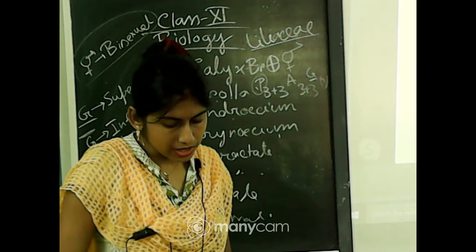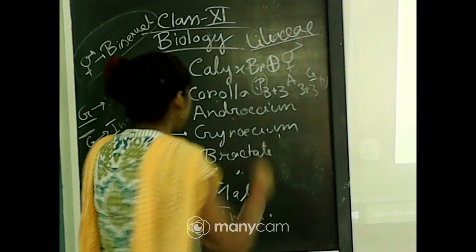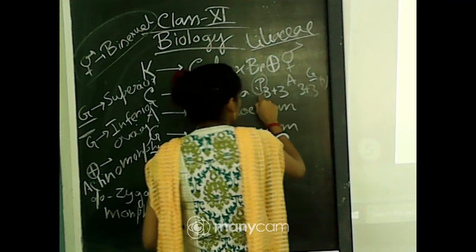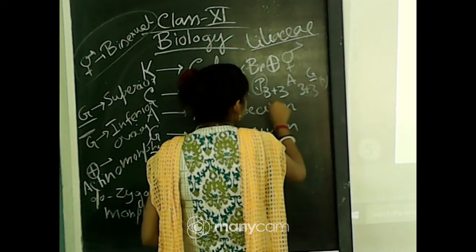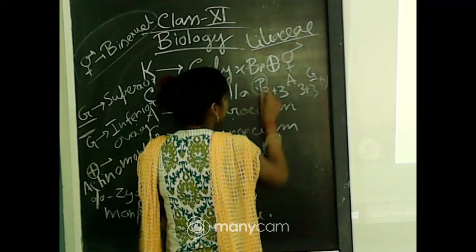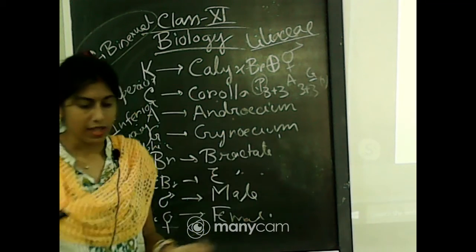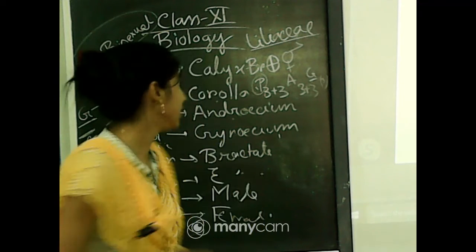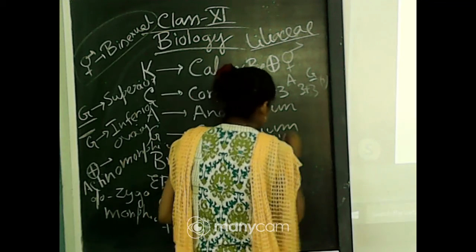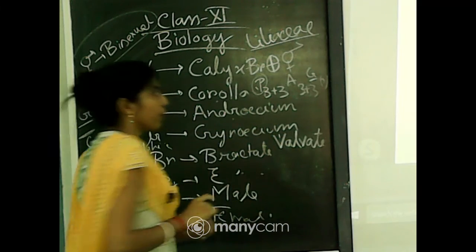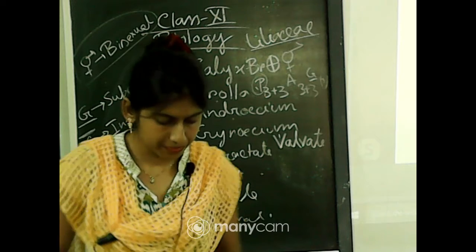That means here sepals and petals are united, and that type of structure is called perianth, and the number is 3 plus 3. Total number is 6. And this type of flower shows valvate type of estivation.